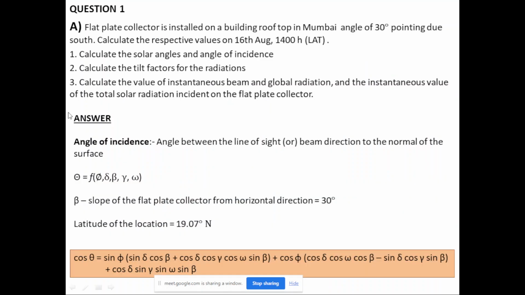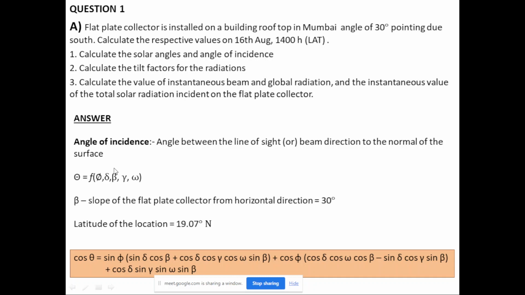Now, to calculate the angle of incidence, it's actually a function of many different solar angles. We have discussed a lot of different solar angles, like declination angle, hour angle, surface azimuthal angle, solar azimuthal angle, zenith angle, and the latitude of the location.